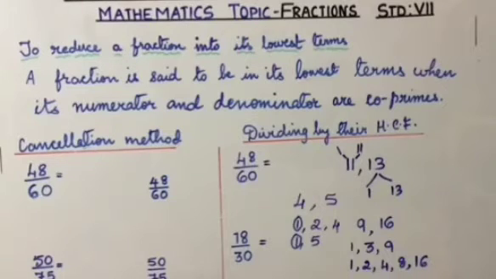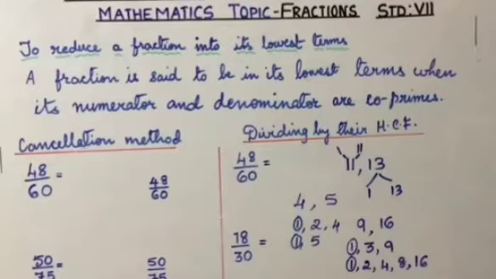Do you all agree? 1, 2, 4, 8 and 16. That means both 9 and 16 are not prime numbers. They are composite numbers because they have more than 2 factors. But still, the number that is common to both of them is only 1. Such numbers, though they are not prime numbers, are called co-prime numbers.